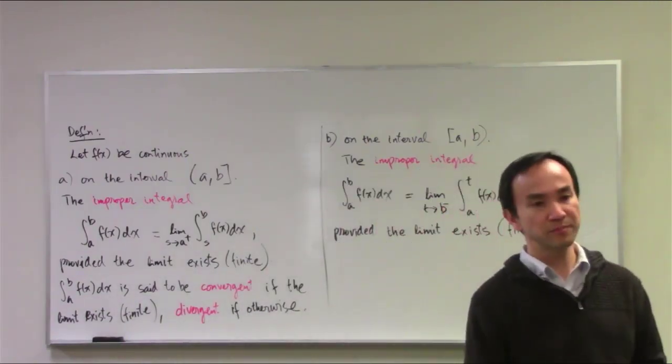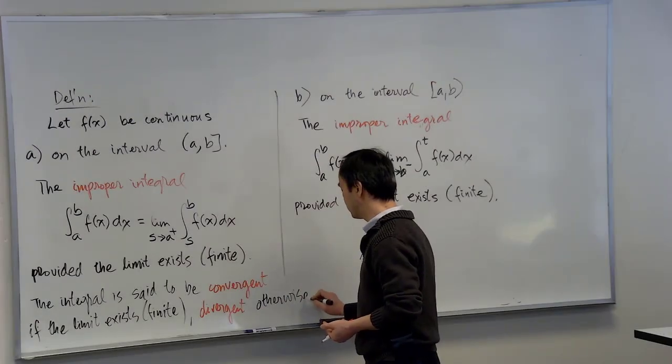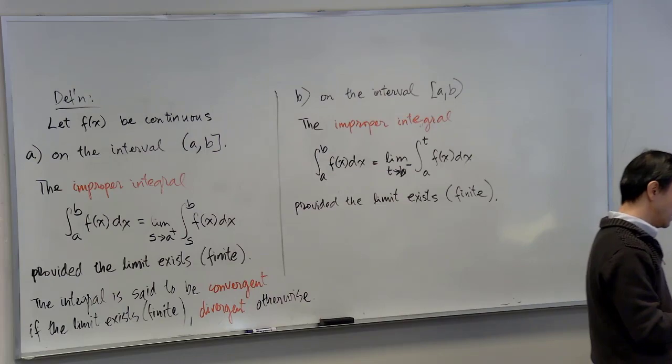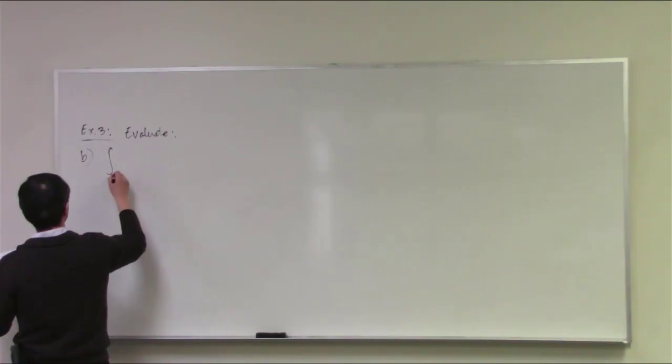Writing it a little skippy here. This term right here we use for any one of the two cases that we have for our improper integral. So in that way, let's look at another example, the integral from 0 to pi over 2.